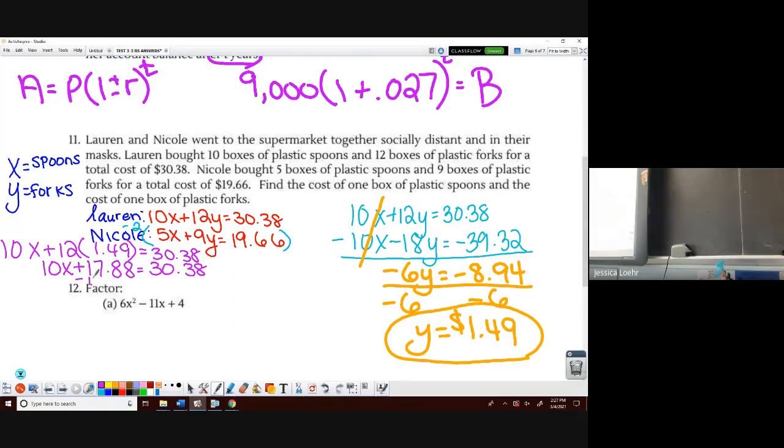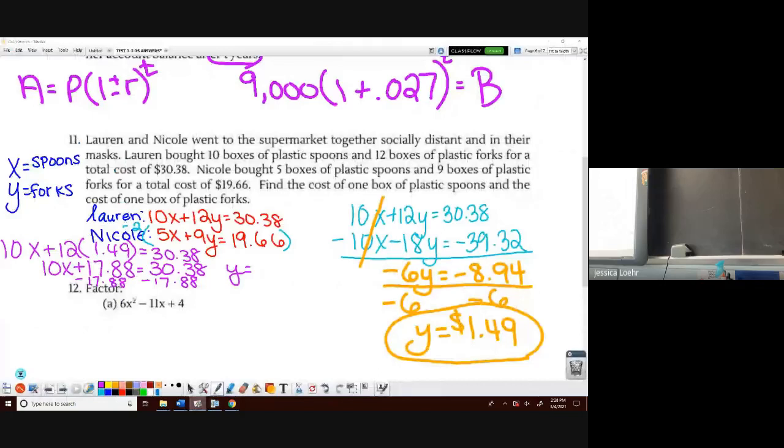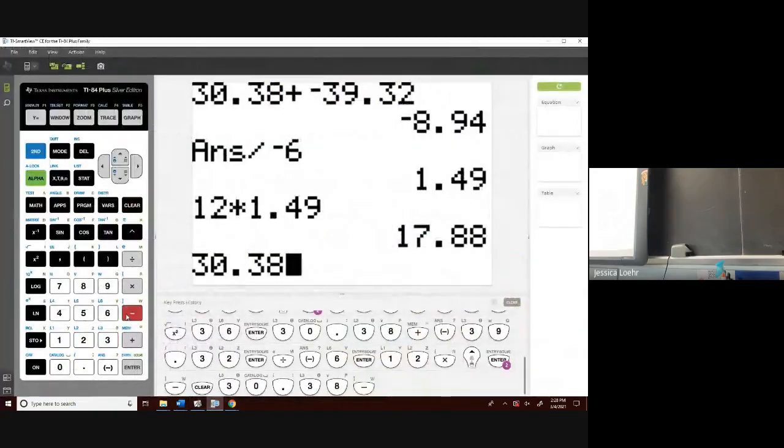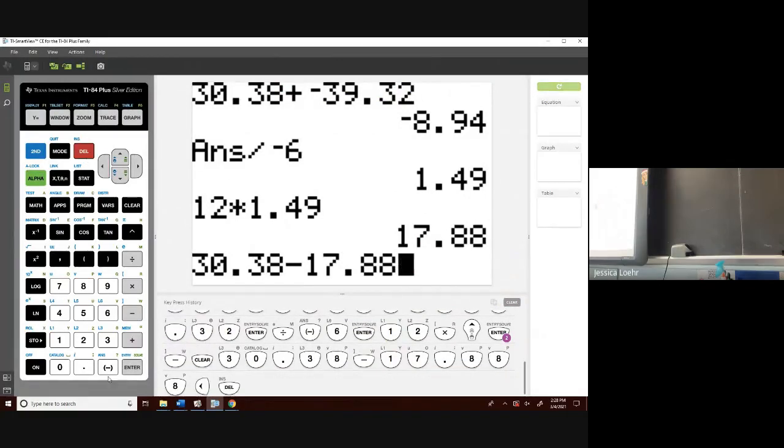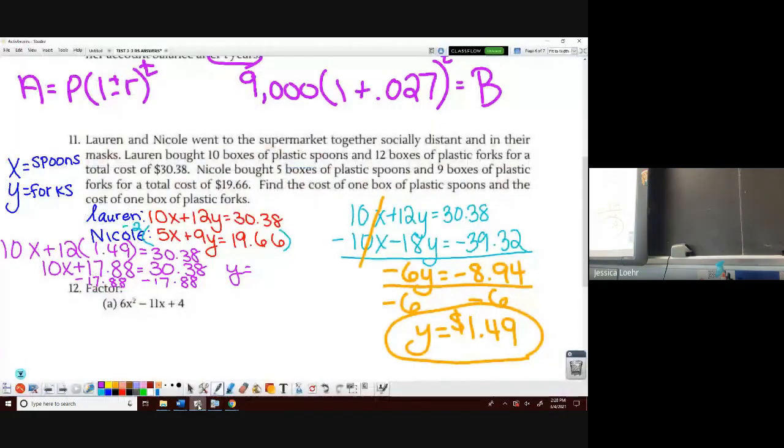And then you're subtracting 17.88. And I'm just going to jump ahead. It's 12.5, divide both sides by 10, 1.25 is your x.